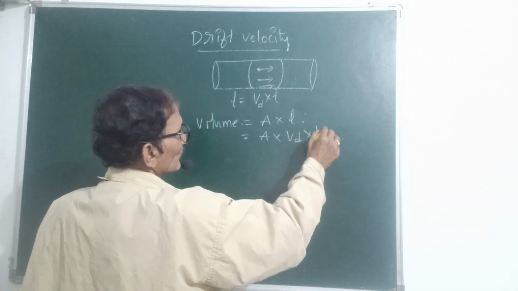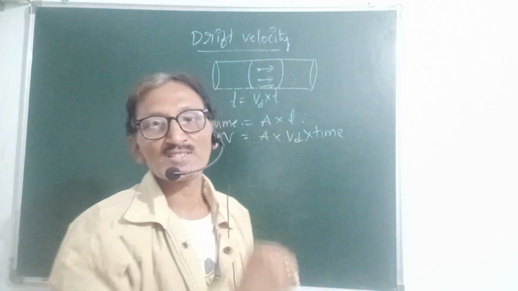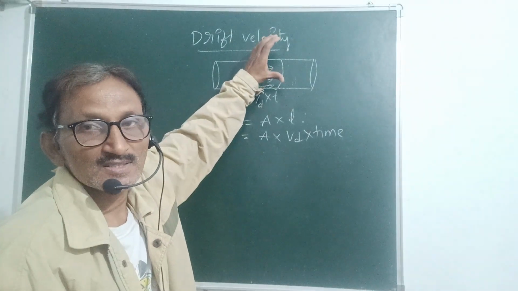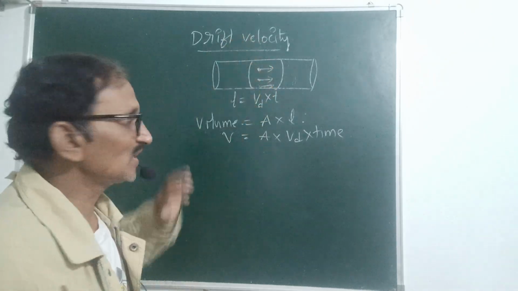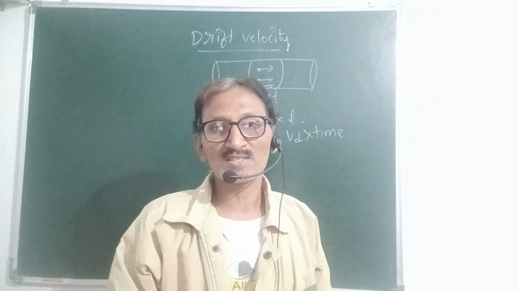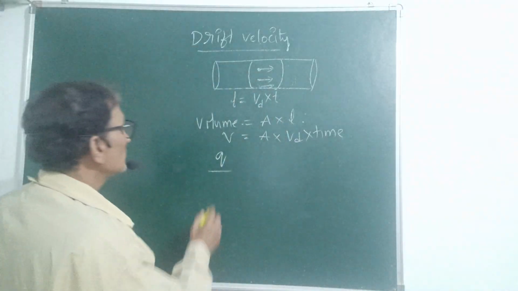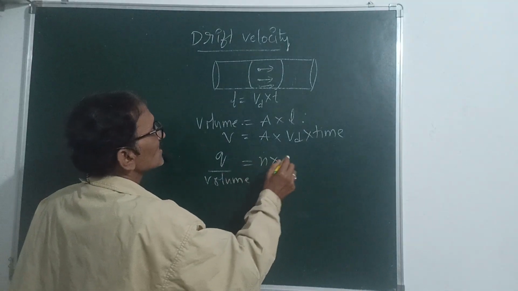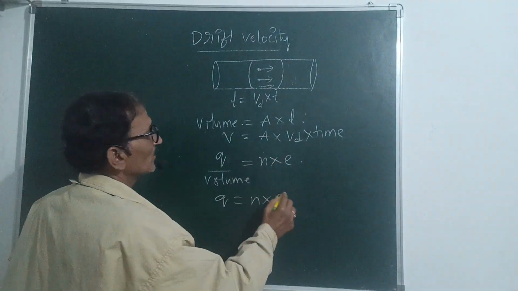Now consider the number of charge carriers flowing in the unit volume. Let there be n number of electrons, each of charge e, flowing per unit volume. Then Q is equal to n into e into volume.